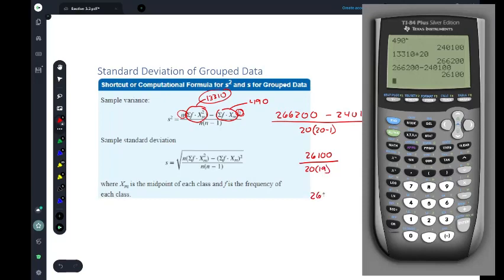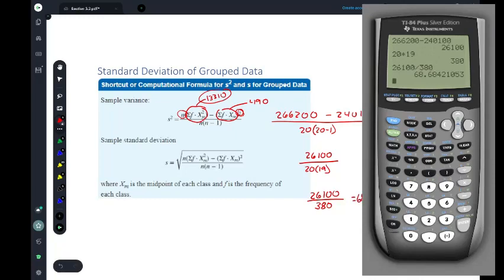So that's 26,100 divided by, let's see, what is 20 times 19? 380. So finishing this off, we end up with that 26,100, and we're going to divide that by the 380. And we end up with 68.7. We'll round it off, 68.7.